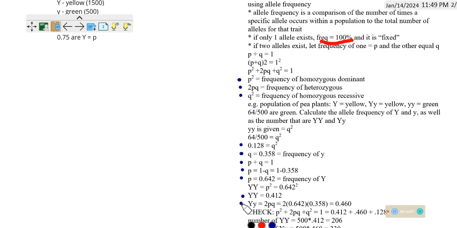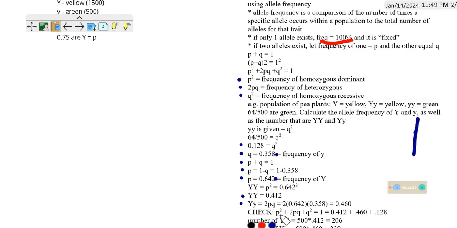And then I can check, look at this one here, big Y, little y, is equal to 2 times P times Q, is equal to 2 times this 0.642 that I came up with right here, and the 0.358 I came up with there, which means I've got 0.460 are going to be those ones.